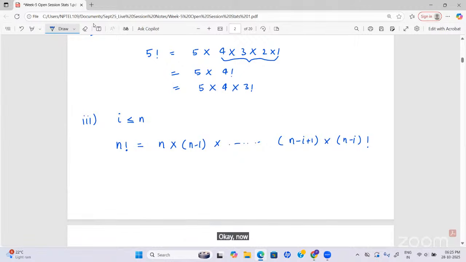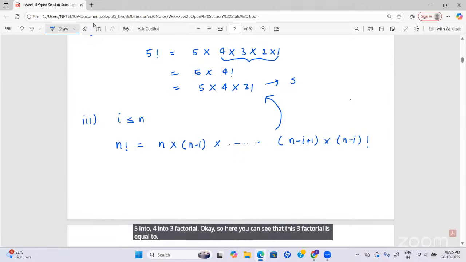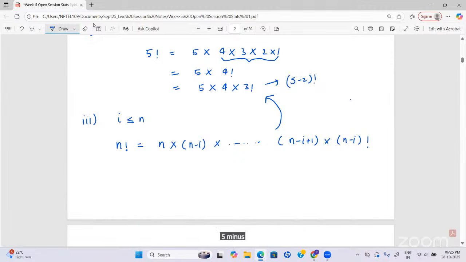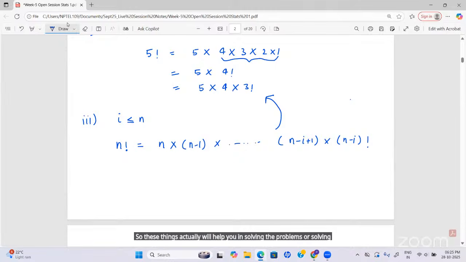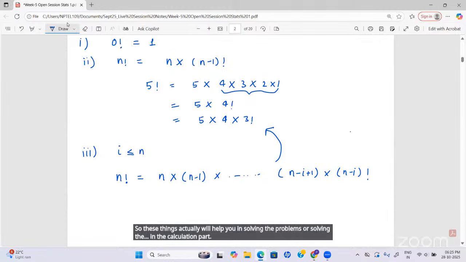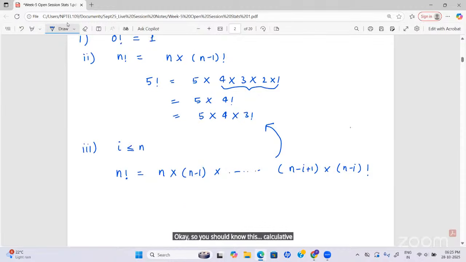Now you can relate this with this example. 5 factorial, you can write as 5 into 4 into 3 factorial. Here this 3 factorial is equal to 5 minus 2 factorial, right? So these things will help you in solving problems, in the calculation part. So you should know these calculative things.